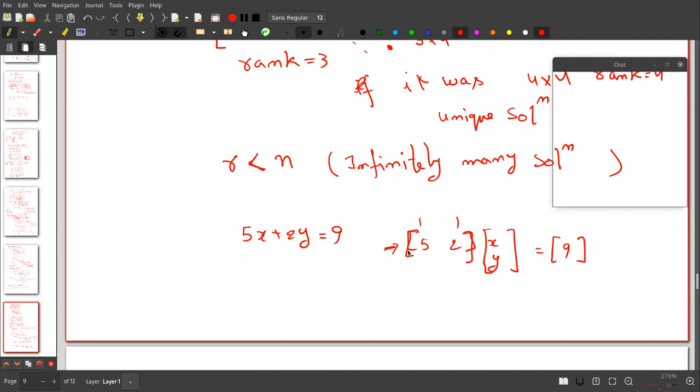So if we have one row, what will be the rank? The rank will be 1, because there is only one non-zero row, which is less than the number of unknowns, which is 2.